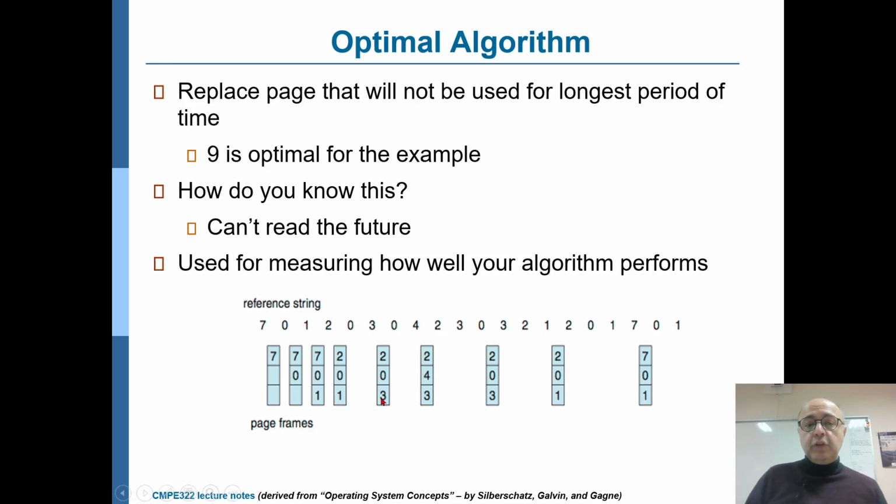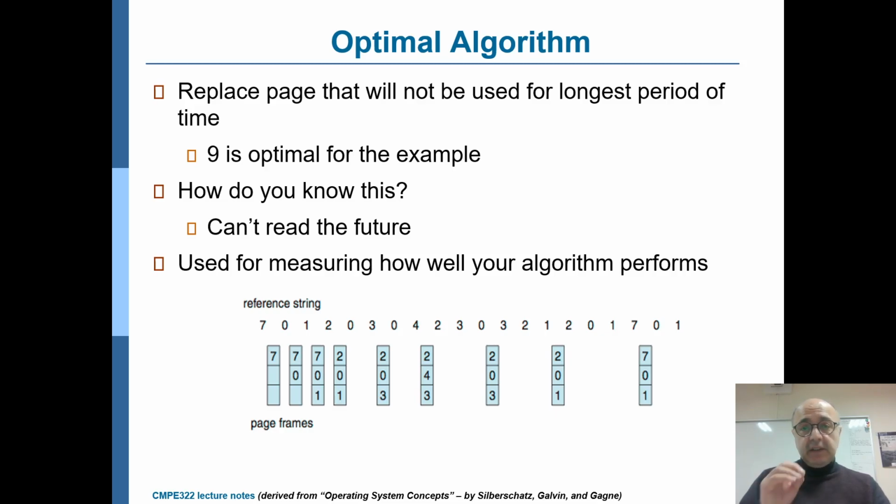So it goes this way. For the optimal algorithm, I need only 9 page faults. I experience 9 page faults rather than 15 in the case of FIFO.